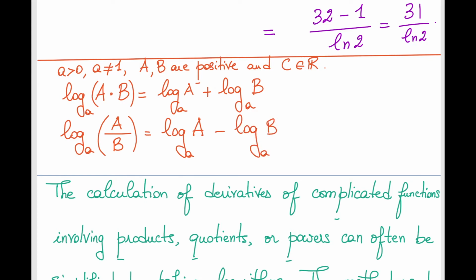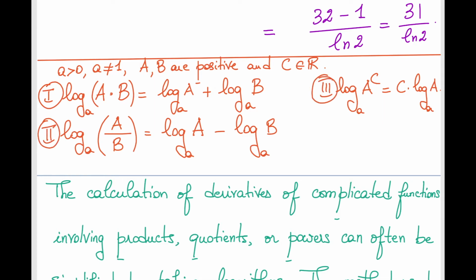And the last one, log base a of A to the power C is C times log base a of A. These are the properties that I'm going to be needing here. I'm going to call them 1, 2, 3, and this is part of the recall.